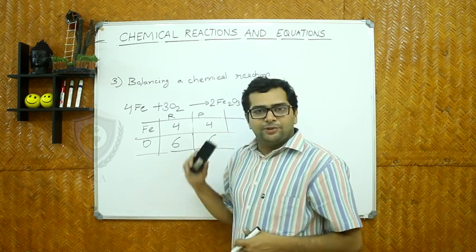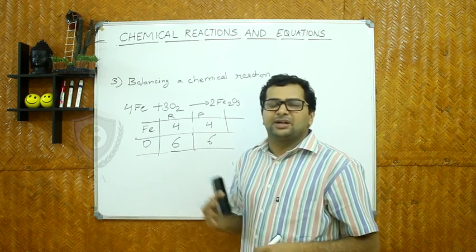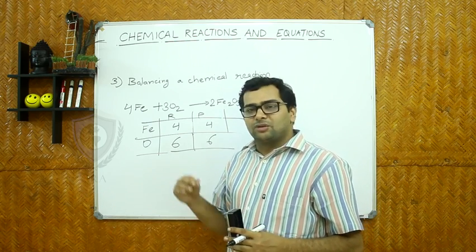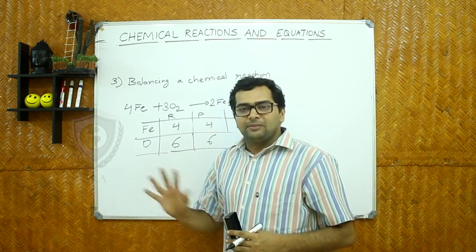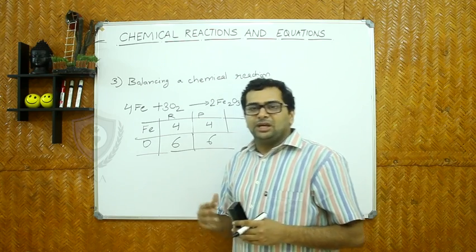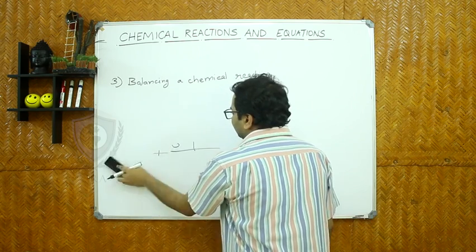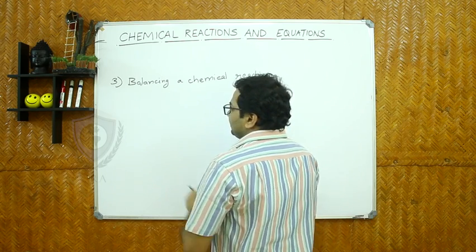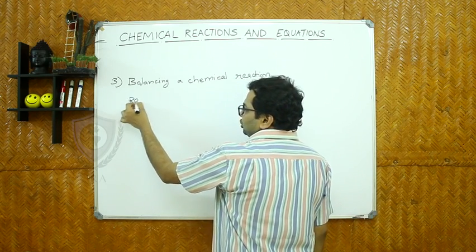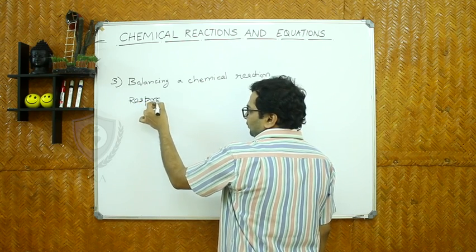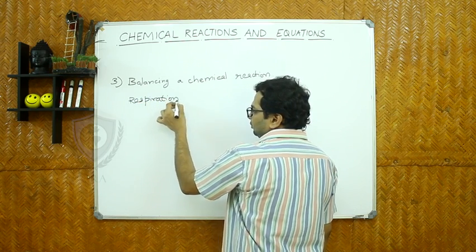Right? So I hope you have understood how balancing of chemical reactions works. We will look into a couple more examples which are a little bit more detailed to see how you can solve these. So the next example we are going to talk about is respiration.